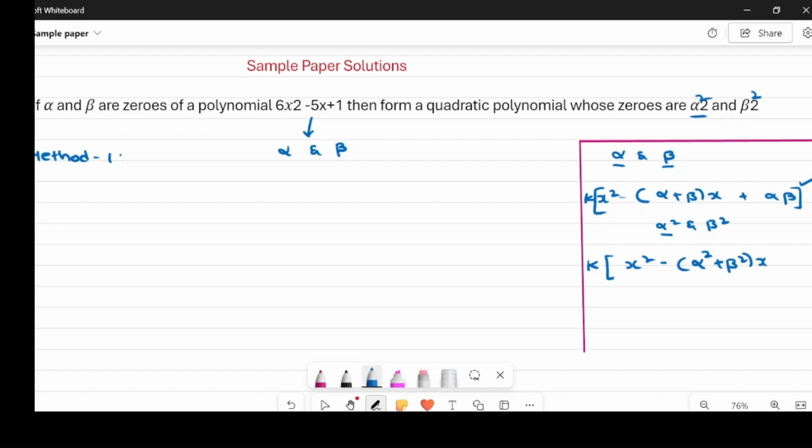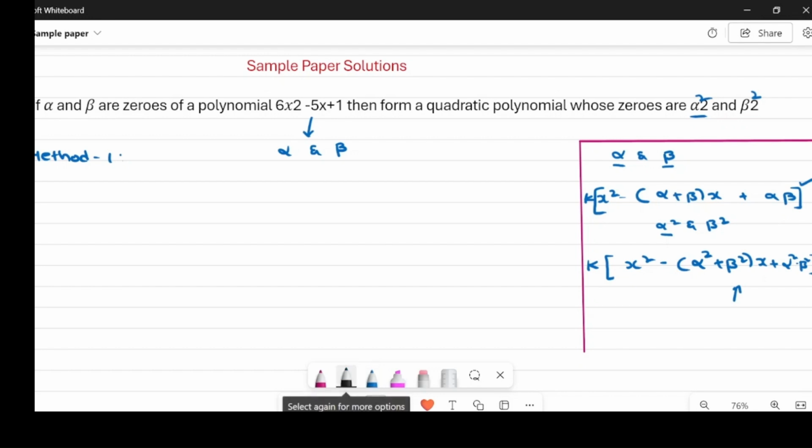This is the sum of the zeros, plus the product of the zeros, which will be alpha square into beta square. Right? Now we'll find alpha and beta values, then find alpha square and beta square, add them, then multiply them, then substitute here, and we'll get the required quadratic polynomial. This is the first method.